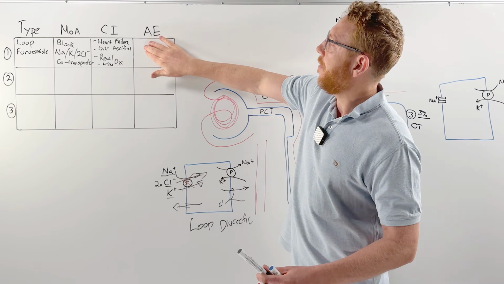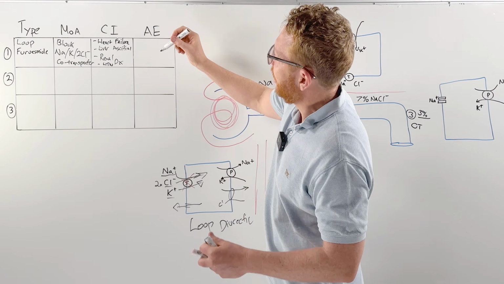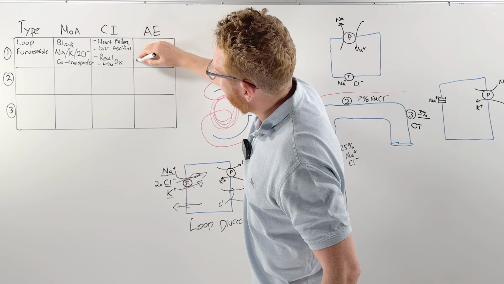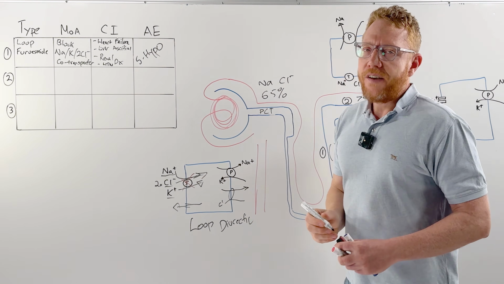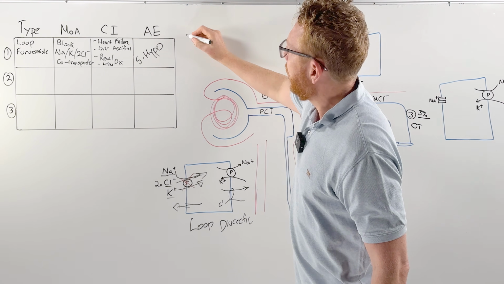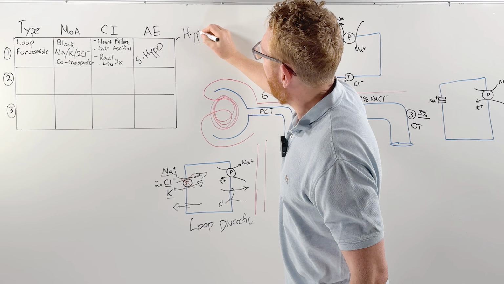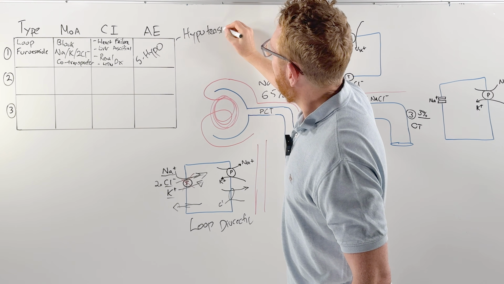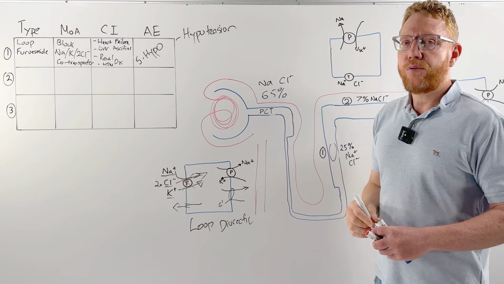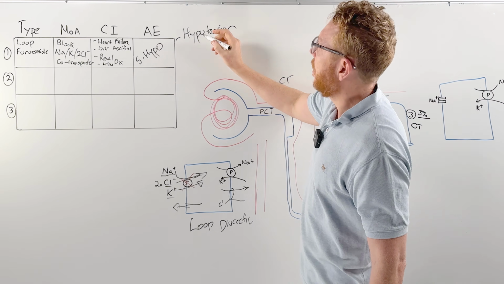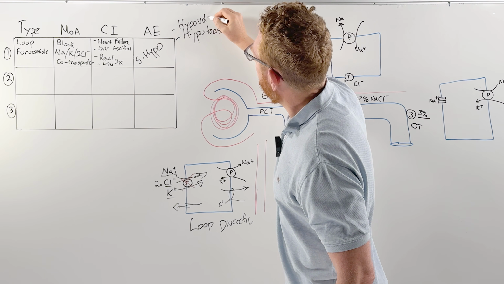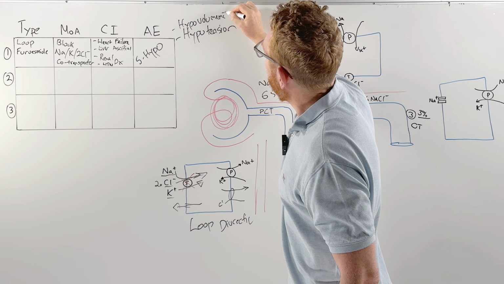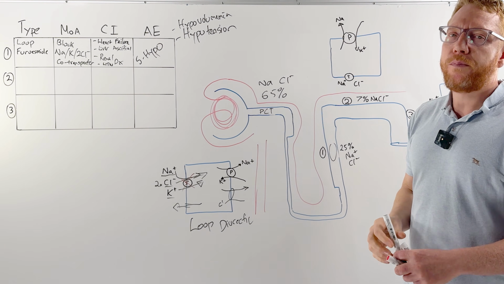So the best way to remember the adverse effects is, I'll call it the 5 hypos. The 5 hypos. Well, actually, before hypotension, I should have said hypovolemia, which means we've lost a lot of volume of body fluid.